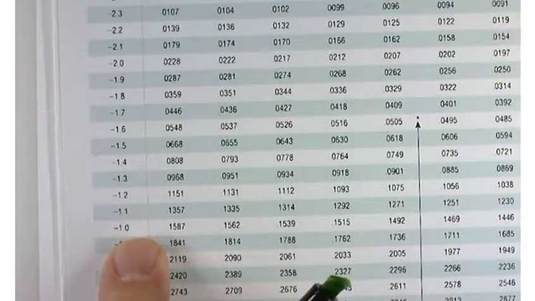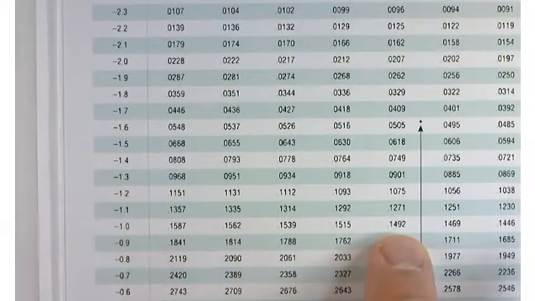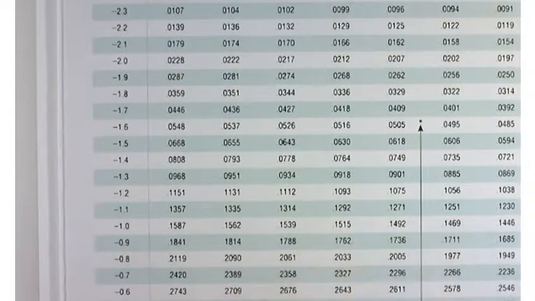So negative 1.0 is all the way down here. Then go to the right until you get to 0.1492. And that's going to be the area underneath the standard normal curve to the left of negative 1.04.